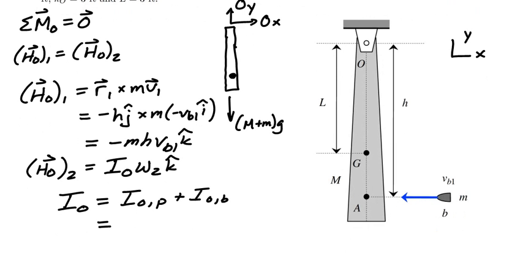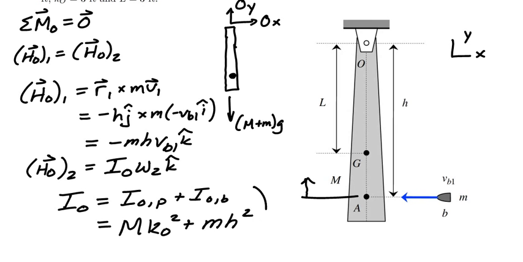In this case, we're given a radius of gyration about point O, so this is simply going to be M times k0 squared. The bullet can be treated as a particle, which means that it will have no moment of inertia about itself, but we will have to account for the parallel axis theorem component required to move it back up to point O. So here we're going to have m times h squared.